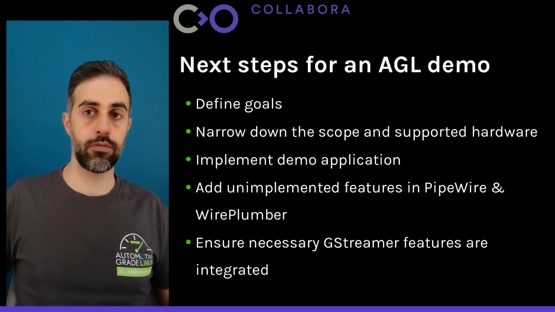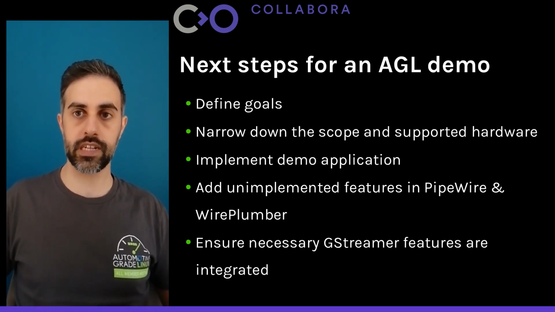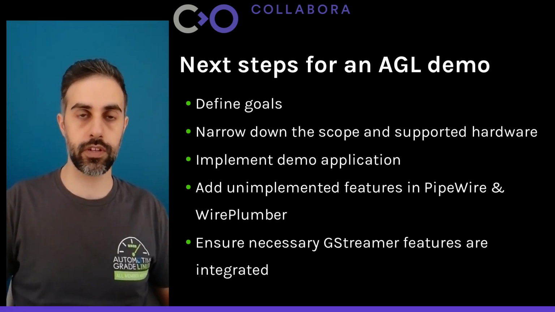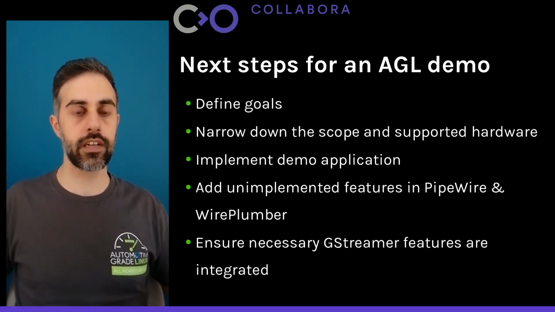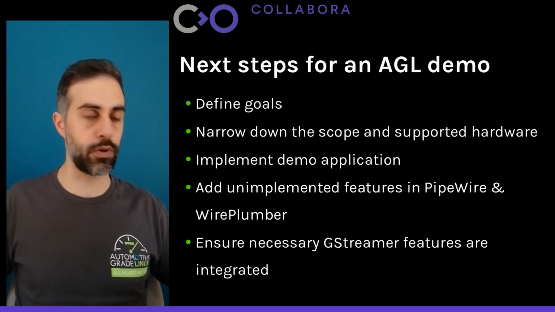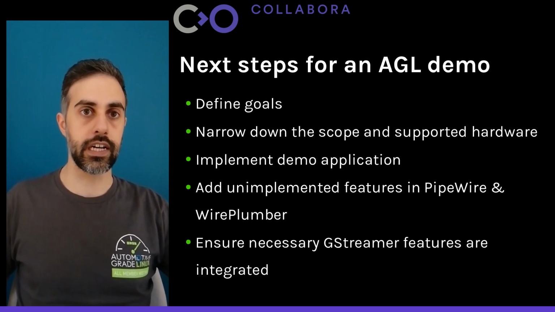But first, we need to define our goals. Suppose we want to do an AGL demo with some video features. Video is a very broad term. There's a lot of things that we can do with video. So the very first thing we need to do is define our goals, define what exactly we want to show and we want to support as a community.